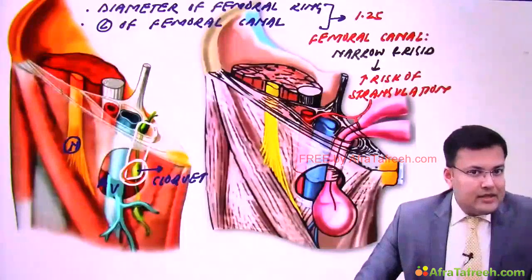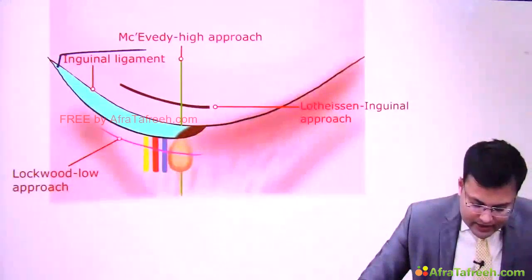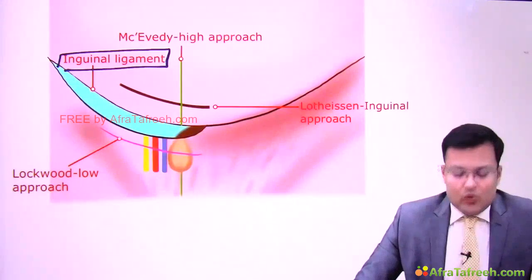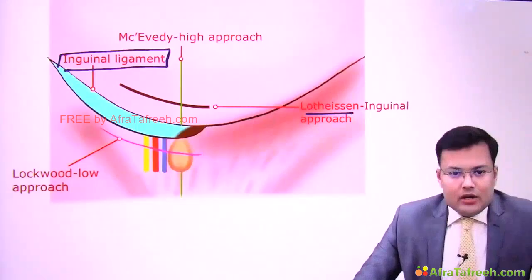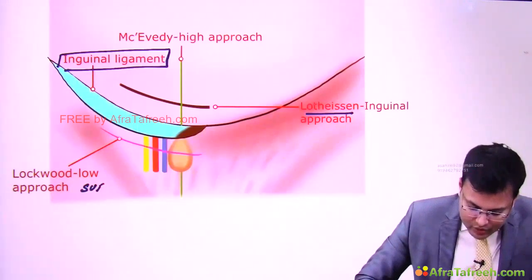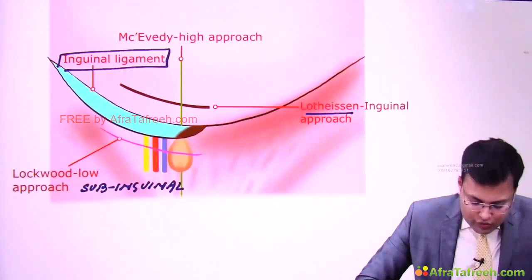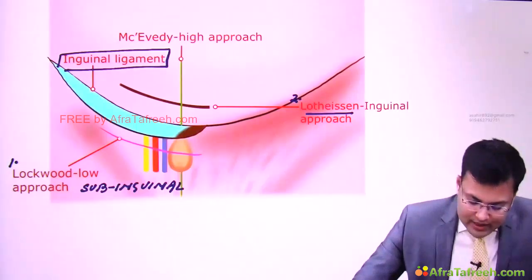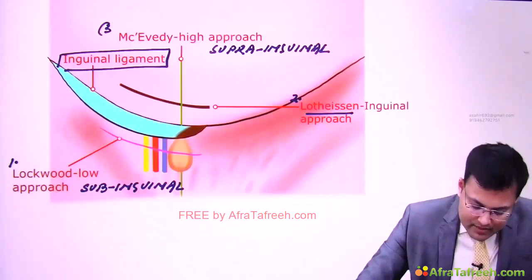Now see the named surgeries which are asked in relation to femoral hernia. This structure is the inguinal ligament. If we give an inguinal incision, that is known as the inguinal approach, it is known as Lothian. If it is infrainguinal or subinguinal, also known as the low approach, it is Lockwood. A suprainguinal incision, also known as the high approach, is McEvedy.